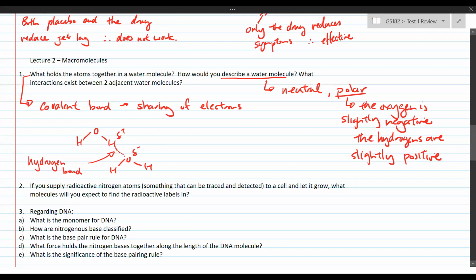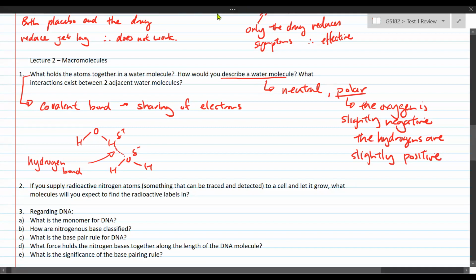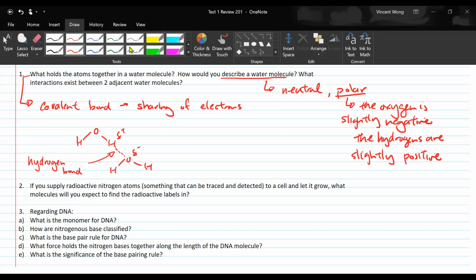I was thinking about DNA. The two strands of DNA are held together by hydrogen bonds. The A's and the T's have two hydrogen bonds, and the G's and the C's have three hydrogen bonds. We also talked about hydrogen bonds holding together secondary structures in a protein. Maybe I'll write it down for you here just in case you need it.